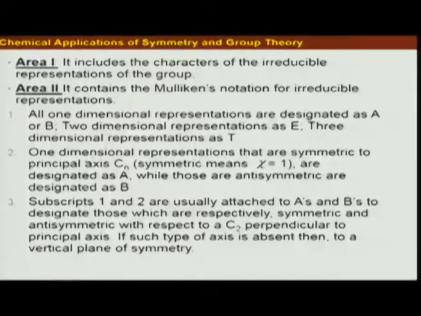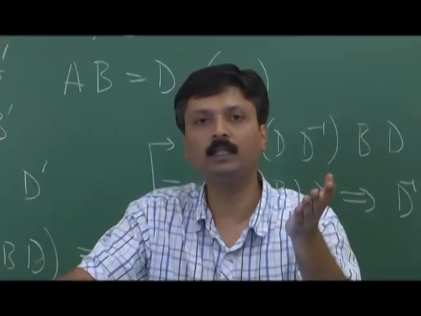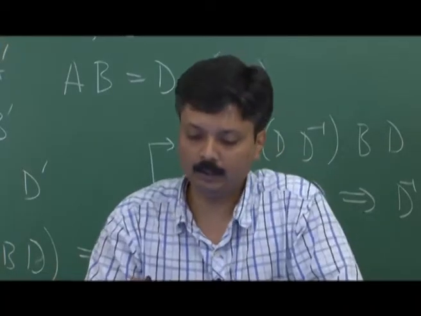Okay. So, any irreducible representation which has dimension 2 is termed as E, while an irreducible representation having dimension 3 will be termed as T, okay, as it is written here.